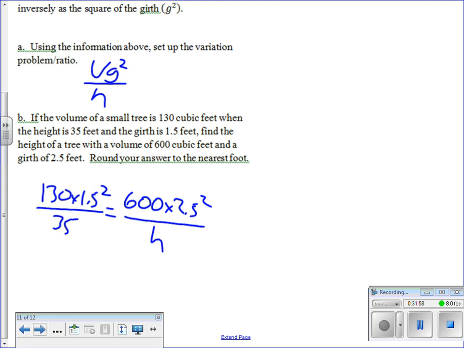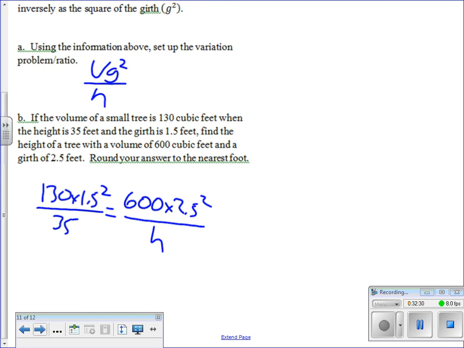What is it that I'm holding in my hand? Calculator. What do I expect you to use on solving this problem? A calculator. Okay. So let's see, 1.5 squared. Ooh, I got to turn it on first. It's 2.25. Yeah, 0.5 squared times 130 divided by 35.